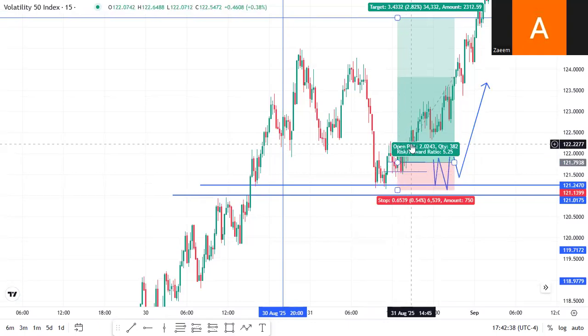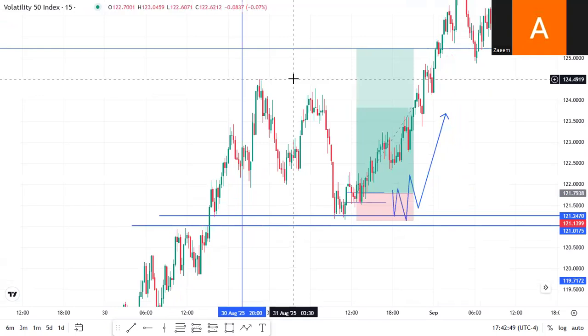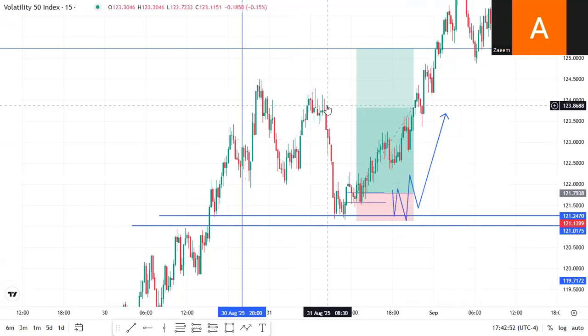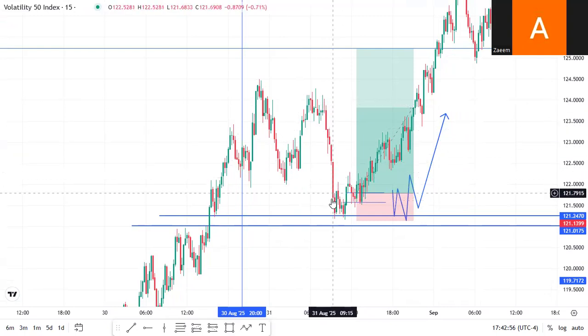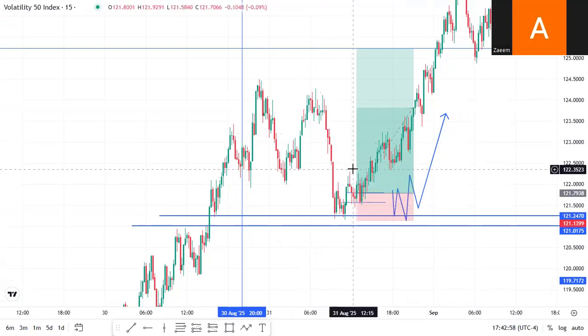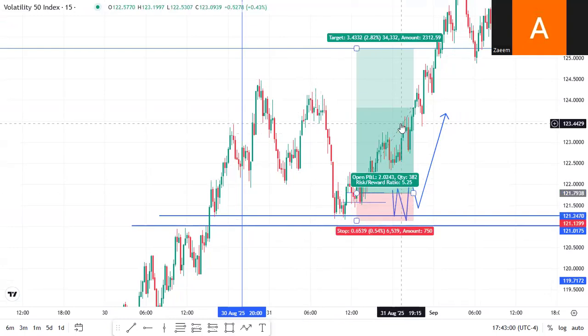I want to buy at a place where people will be afraid to buy, and sell at a place where people will be afraid to sell. Because this move here is only to entice traders to go short. Then I'm doing the opposite of it.